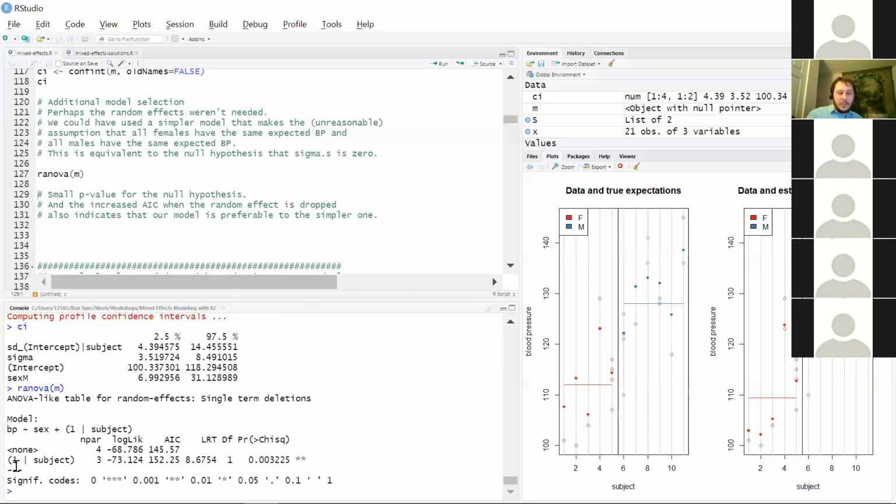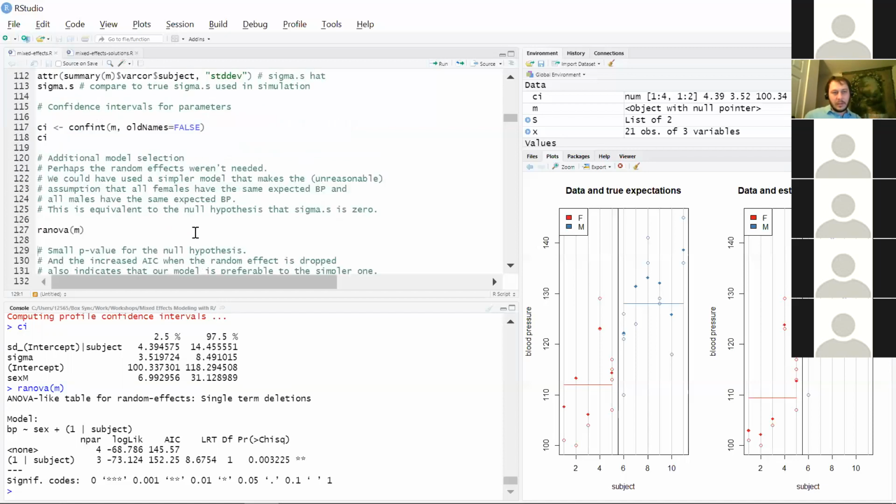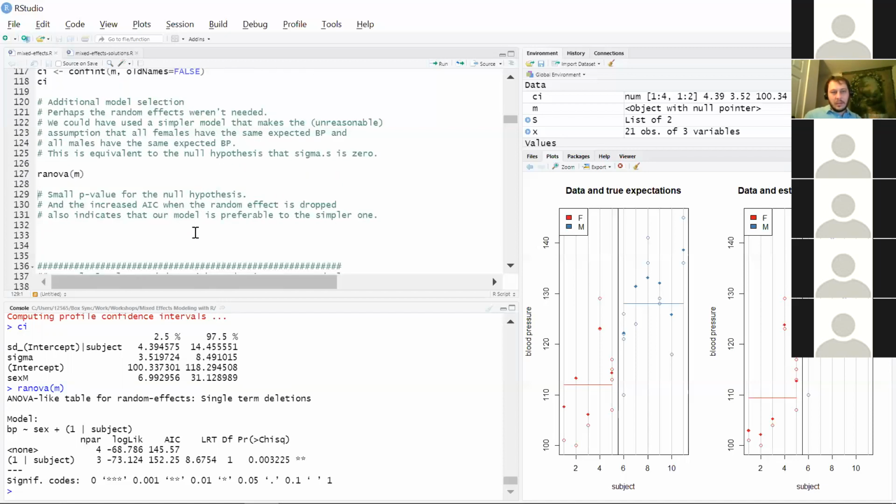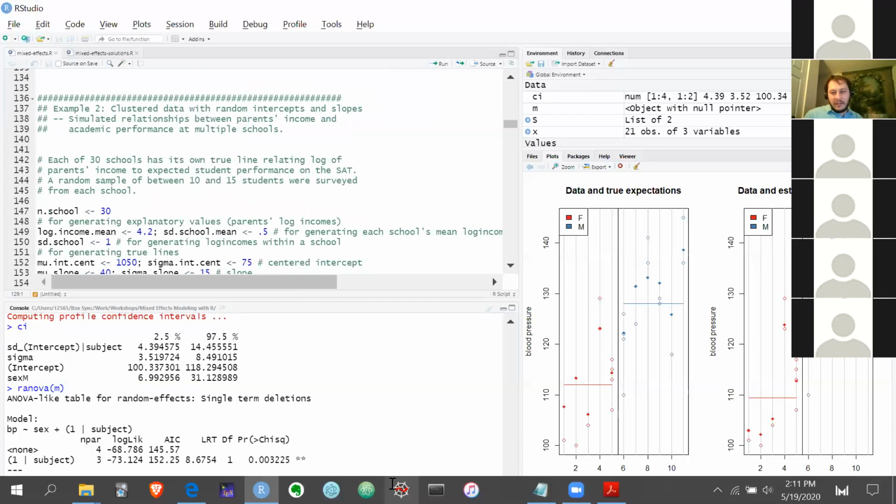So if you dropped out your random effect, your AIC would be 152.25, which is higher, which is another indication that it's maybe a less preferable model. All right, so that's example 1.